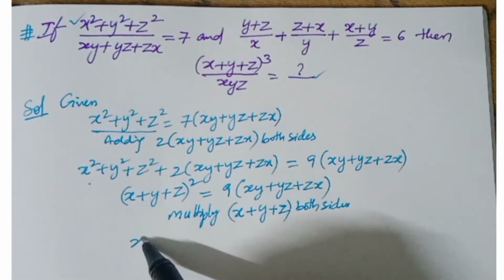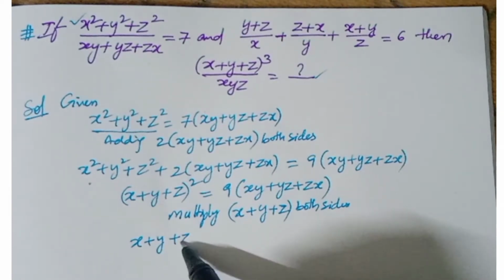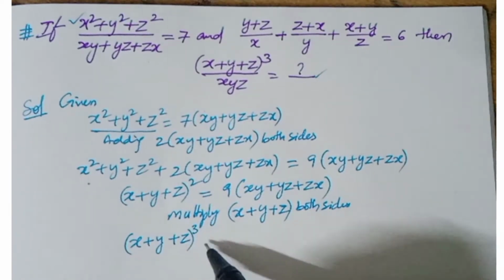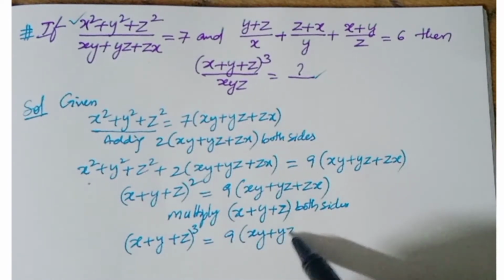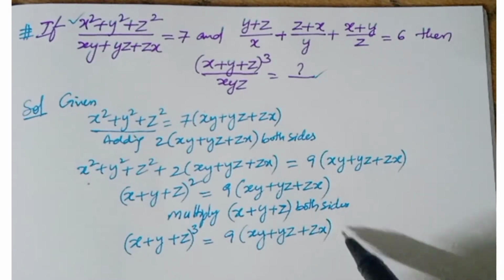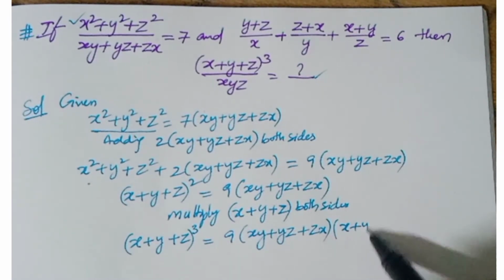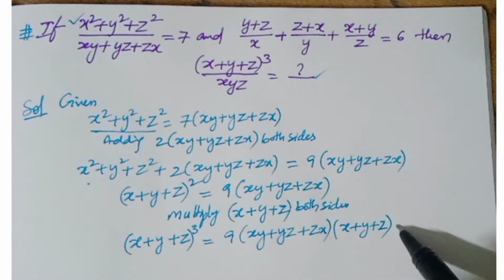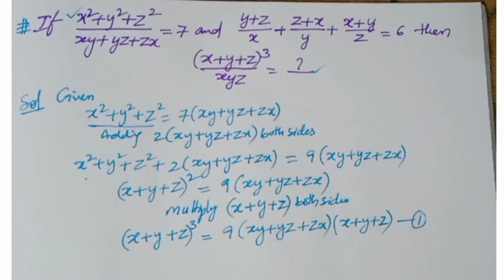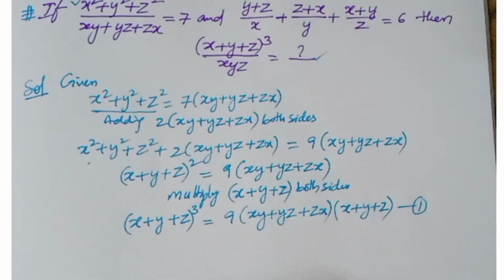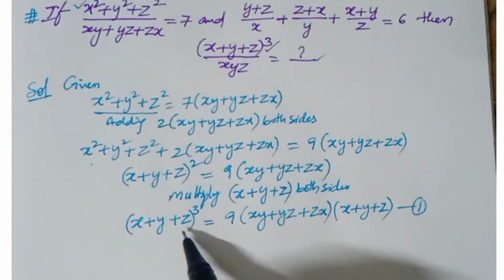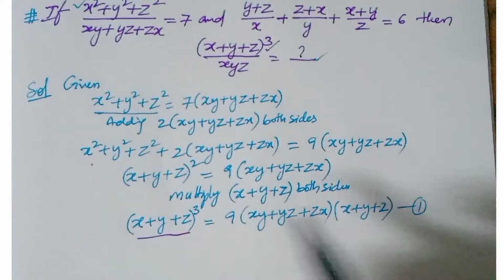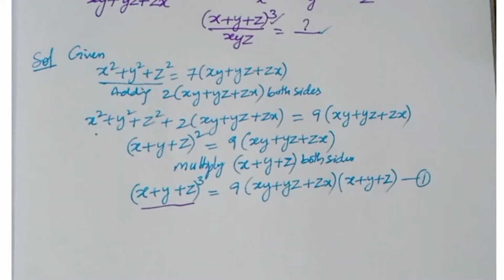What will we get here: (x + y + z)³ = 9(xy + yz + zx)(x + y + z). Let it be 1. Now we got the numerator, (x + y + z)³. Now you have to get the denominator.